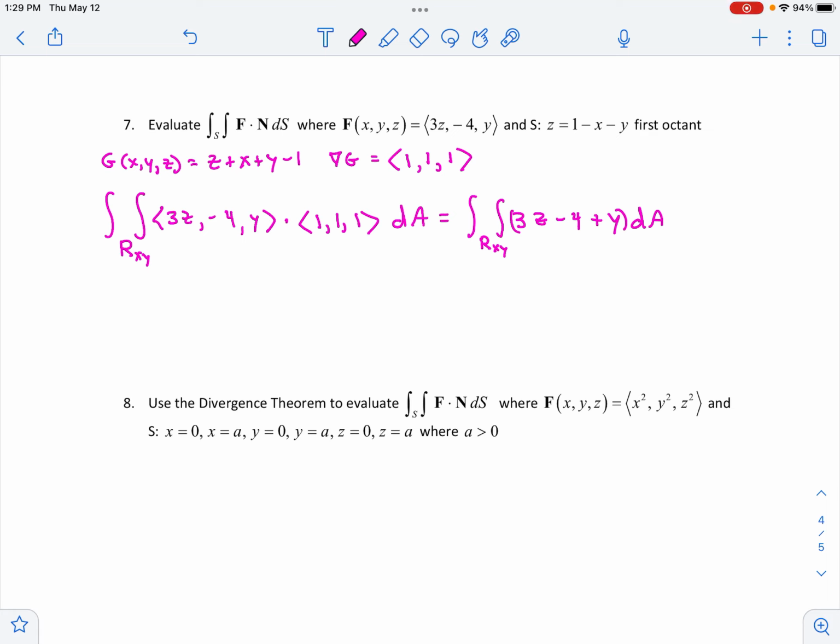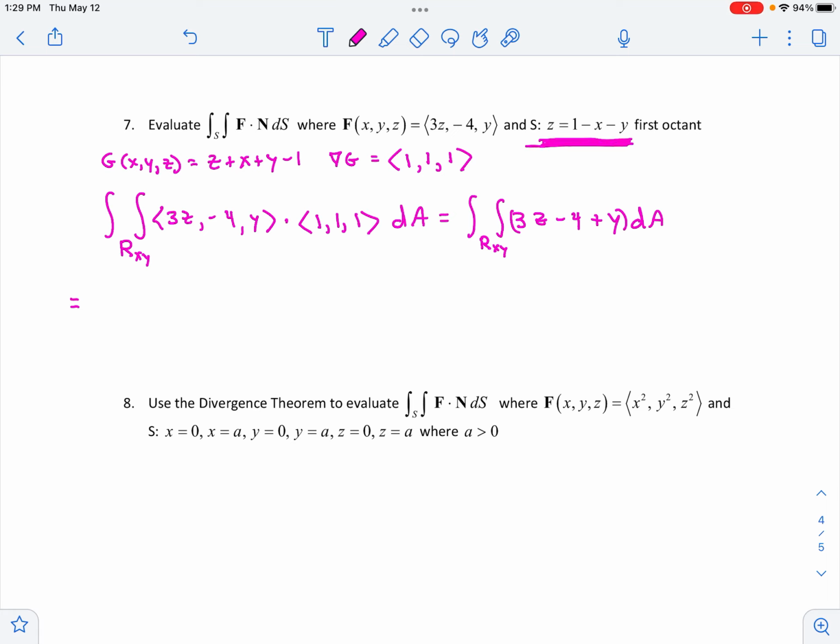Okay, there's what I have. I just did the dot product. Now, I want to limit the values to what's on this surface. In other words, when I plug in numbers into my vector field, I'm limiting my z values.